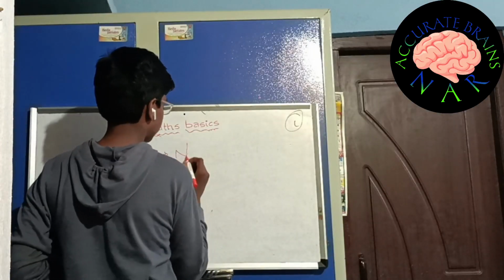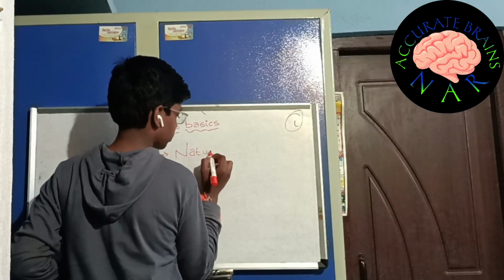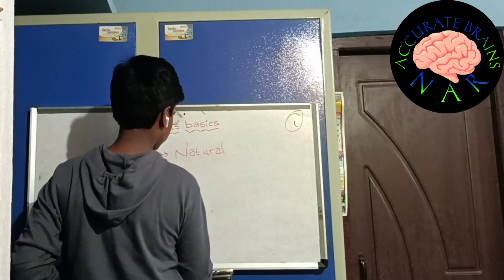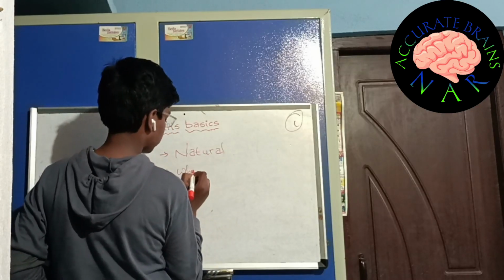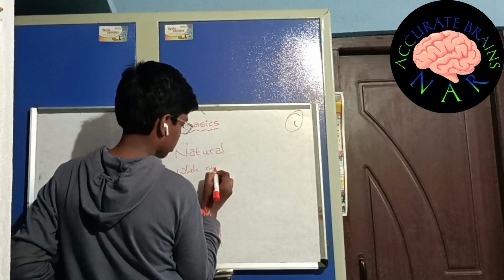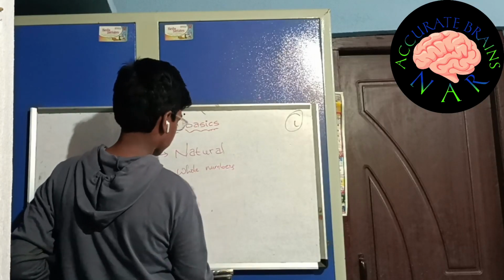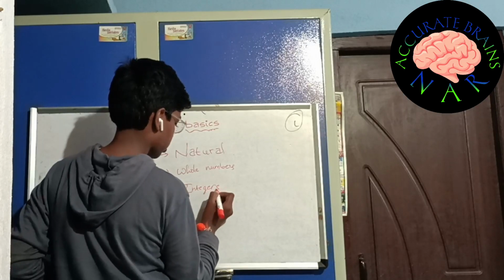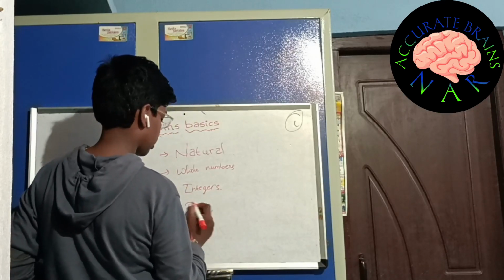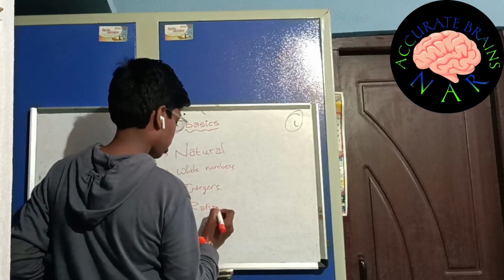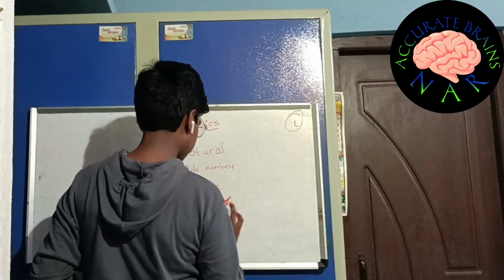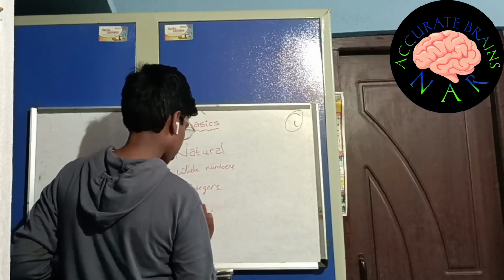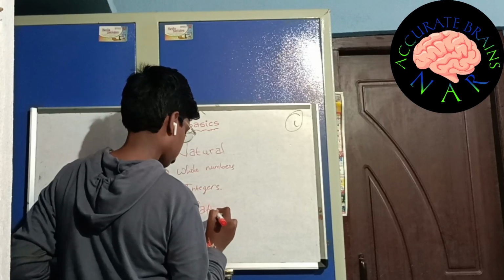Number 1 is natural numbers, whole numbers, integers, and rational numbers. Here I want to give a conclusion.